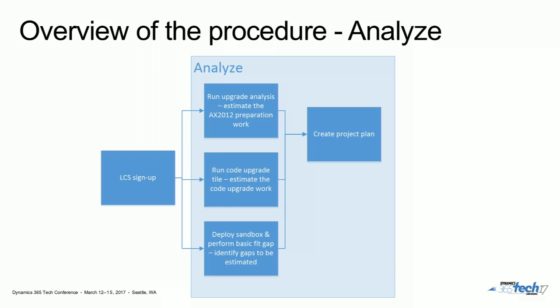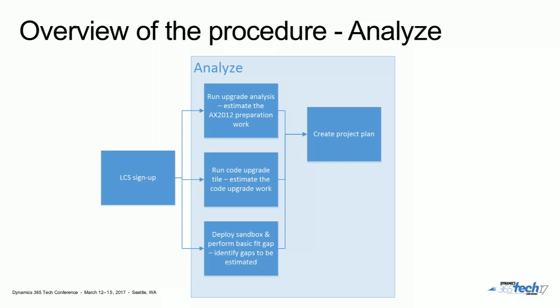For the analyze phase, we provide something we're tentatively calling the upgrade analyzer, which you run against the AX 2012 environment. It looks at the database, and it figures out from that database things that you can do to reduce the cost of your upgrade, to prepare the database so that it has everything that it needs for upgrade.